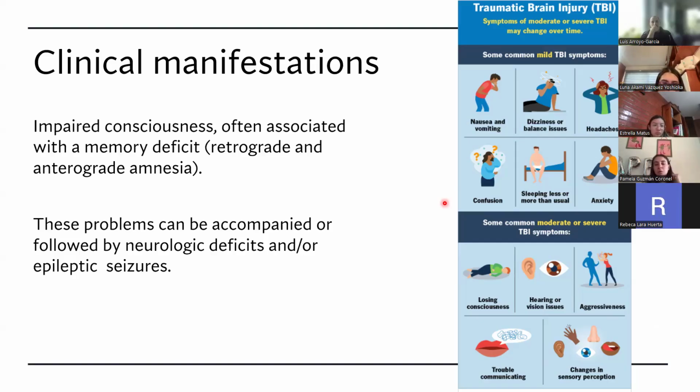You can't remember what happened before the event is retrograde, and that you can't create memories of what starts happening is anterograde, I think. Exactly. So one is that you can forget what happened just before the hit, and the other is that it's difficult to create new memories, but you're also forgetting things that happened before.